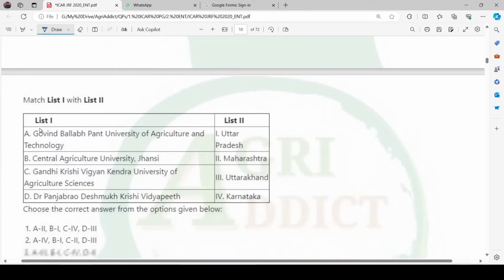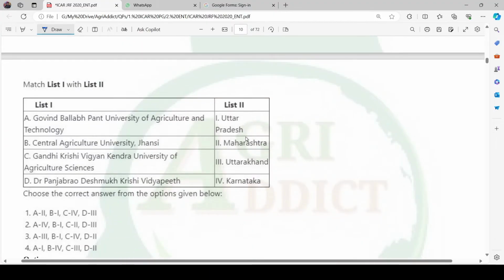Question number 12 is a match the following type question. In list A, it is Govind Ballabh Pant University of Agriculture and Technology, that is GB Pant University, in Pantnagar, Uttarakhand. Then Rani Lakshmibai Central Agricultural University, that is RLBCAU, in Jhansi, Uttar Pradesh. Then Gandhi Krishi Vigyan Kendra, University of Agricultural Sciences, that is GKVK Bangalore.